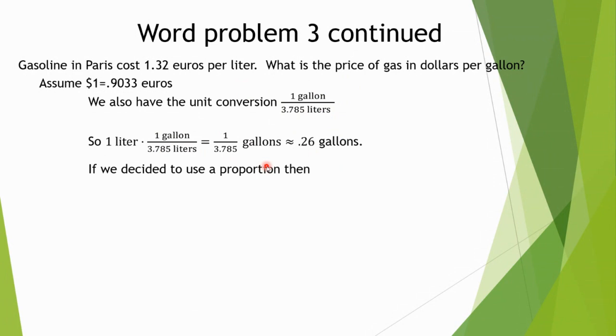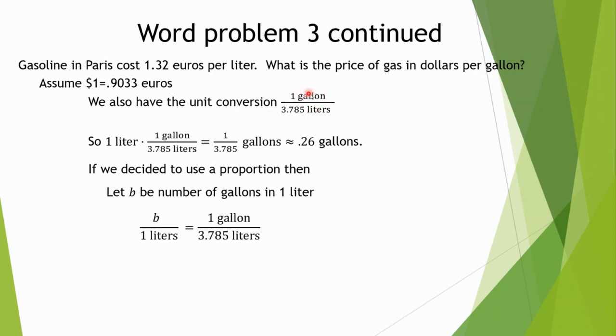Now, X denotes something already, so I'm going to let B be the number of gallons. So B is basically taking the role of X here. B is how many gallons we have in a liter. That's what we're looking for. Well, then, using this unit conversion, we have 1 gallon over 3.785 liters.